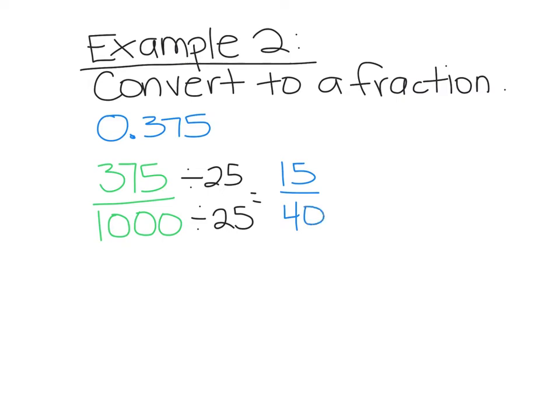However, I know I can divide again by 5, and 15 divided by 5 gives me 3, and 40 divided by 5 gives me 8. So my answer is 3 over 8.